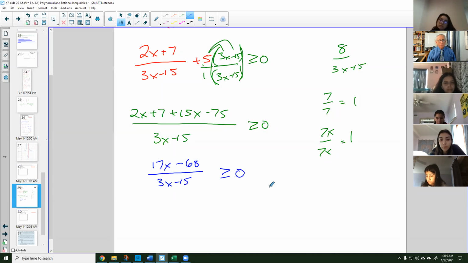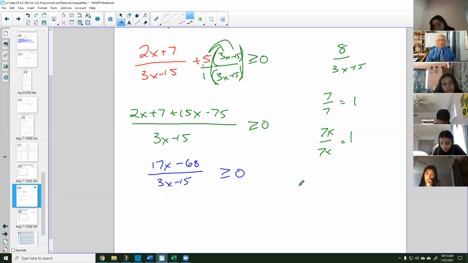What's next? You have to do the top is equal to 0. Okay, and what's that going to give me when I do the top equal to 0? The denominator says something with the denominator and I can't remember.